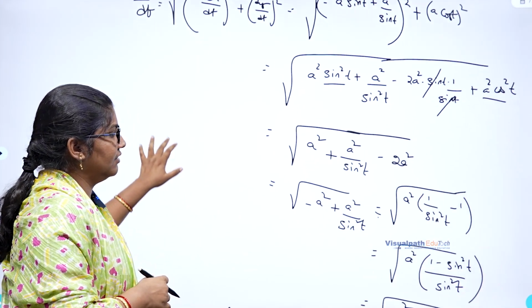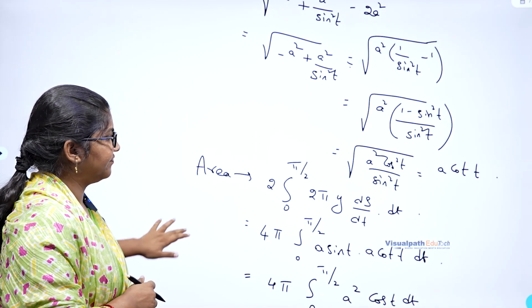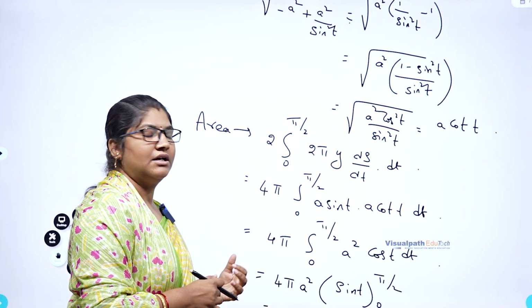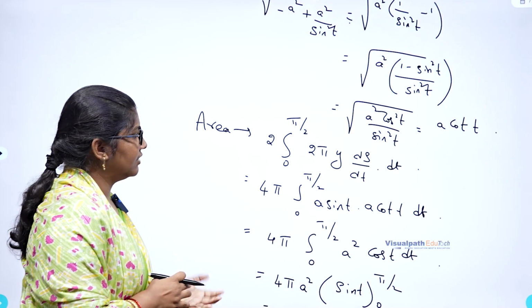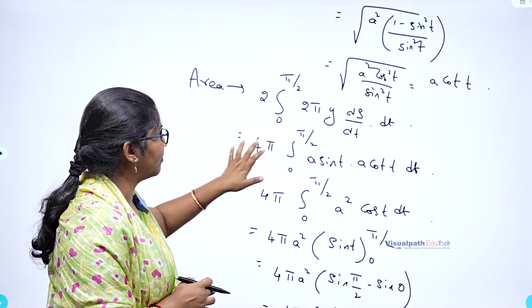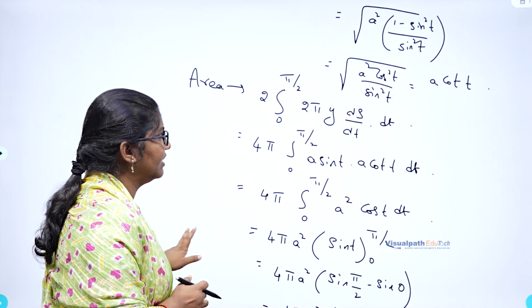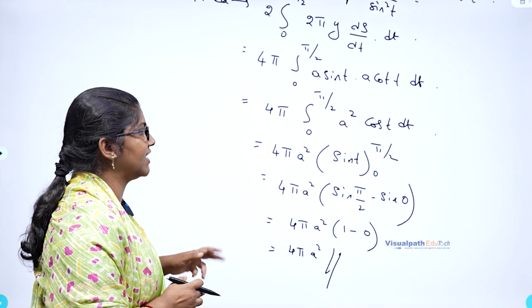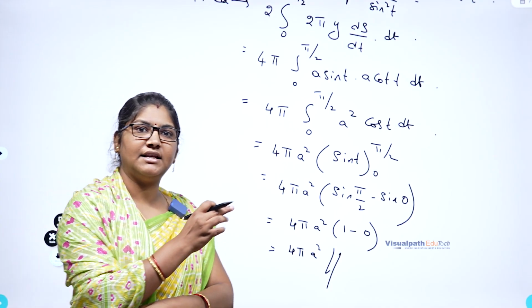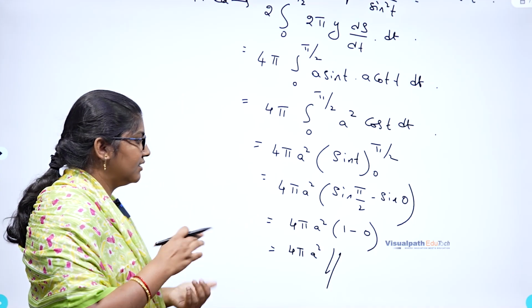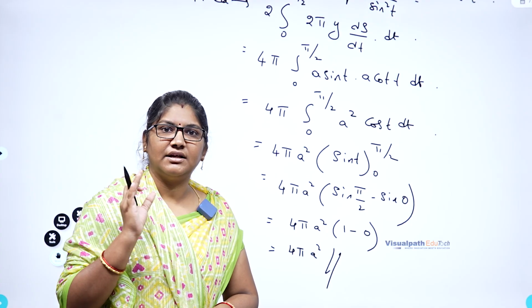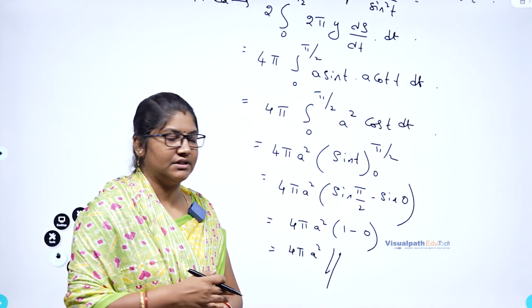Okay, this is ds/dt. After that, substituting every value in our formula, we got 4π, y is a sin t, this is a cot t. After complete simplification and integration, we got the answer 4π a². This is the area of the given two curves. Okay.